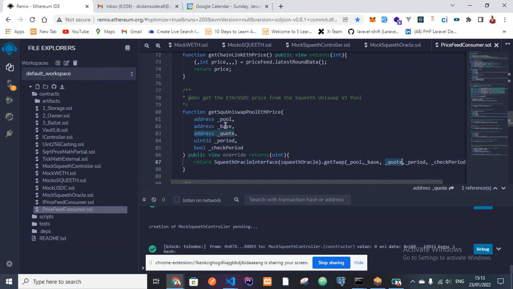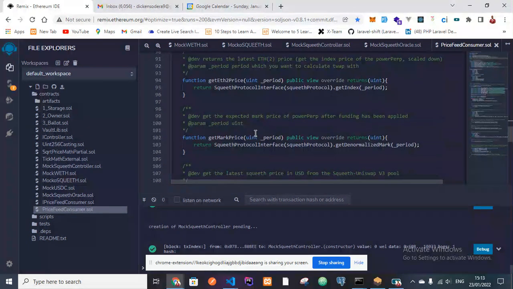For example, if you are fetching USDC to ETH, the base token is the USDC. Then the quote token in this case, so from ETH to USDC, the base token is ETH, then the quote token is USDC.